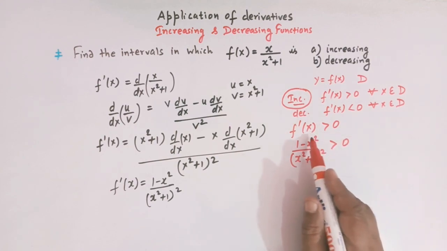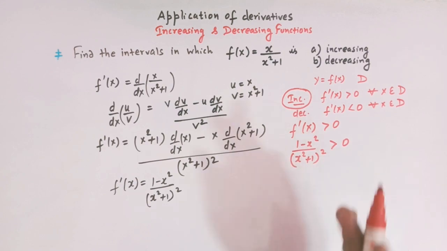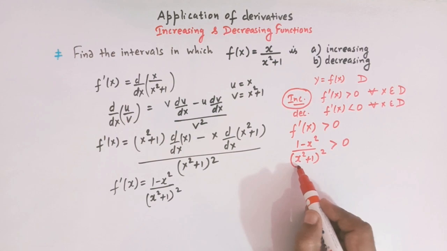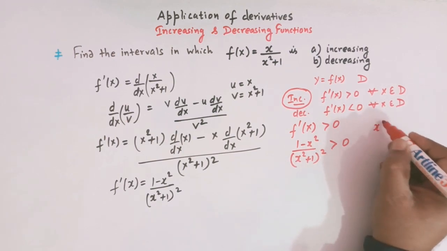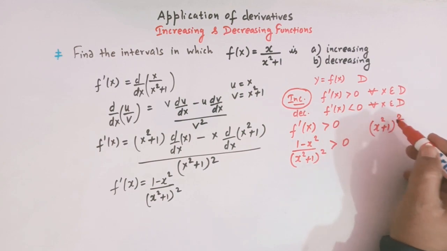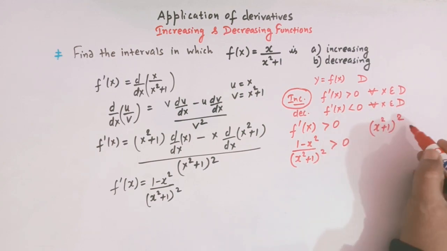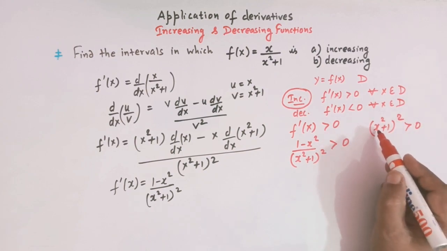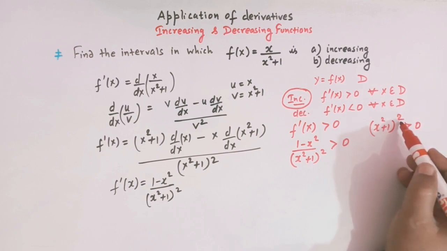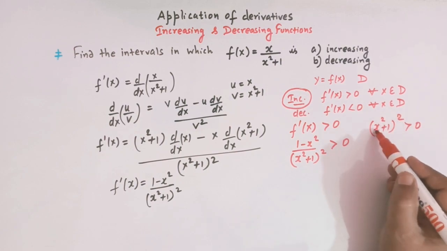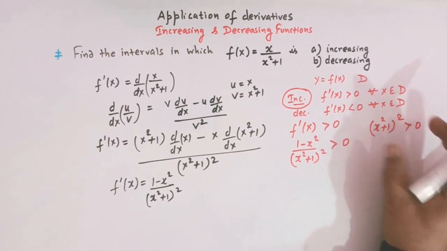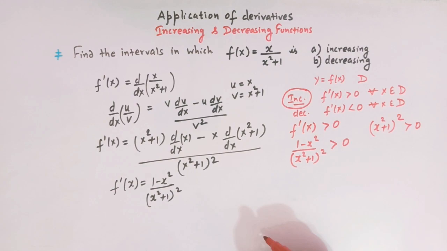If we observe the left hand side of this inequality, we see that in the denominator we have x square plus 1 whole square, and this quantity is always greater than 0 whatever be the value of x, because this is a square quantity, and whatever be the value of x, the value of this quantity as a whole is always greater than 0, right?